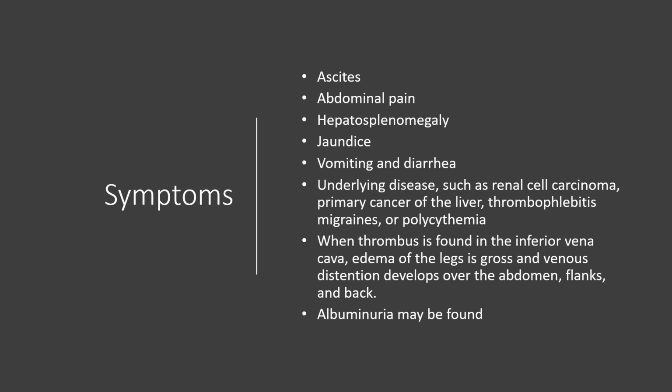Both legs will have gross edema, and the venous distension will develop over the abdomen, the flanks, and the back. So they get massive ascites, and you may even see caput medusa on these patients, which is like spider angiomas on the skin of the abdomen. Most of these patients are going to have albumin in their urine as well.